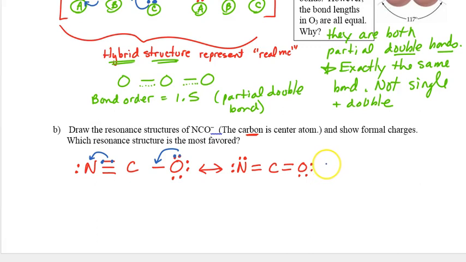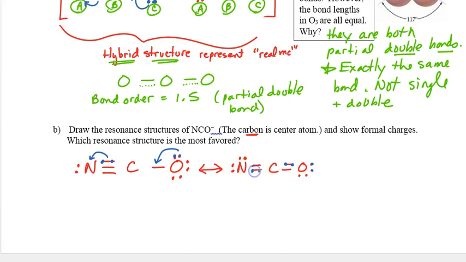And now we're going to move one more time. We're going to move a lone pair from the oxygen. I'm sorry, I'm thinking the wrong way. We're going to move this one now. What do I want to do?